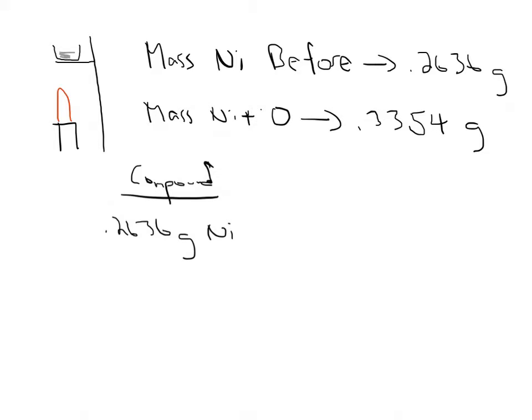And the amount of oxygen can be found by subtracting from this number the amount of nickel. Why does this have more mass? Well, because of the oxygen. So the amount of oxygen is the difference between these two numbers. When you subtract, you get a mass of oxygen of 0.0718 grams of oxygen.